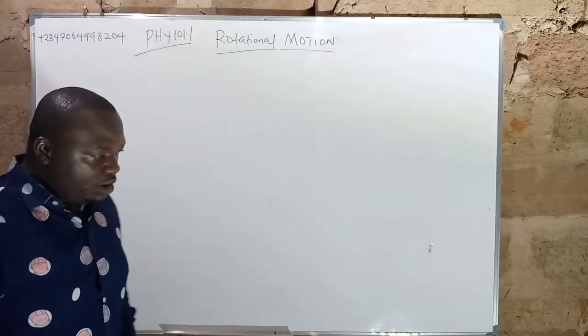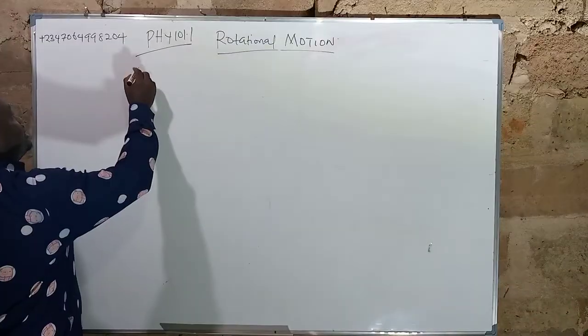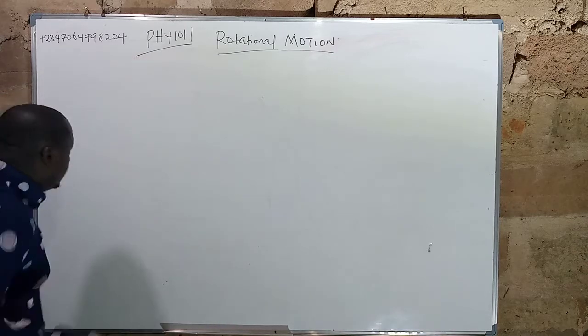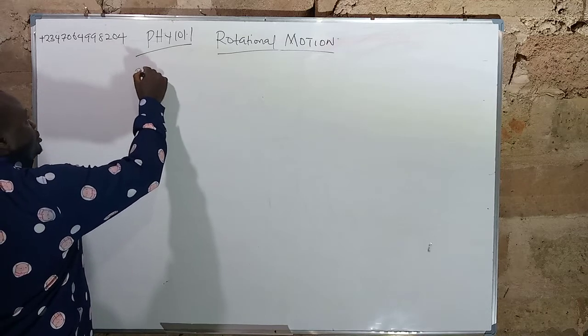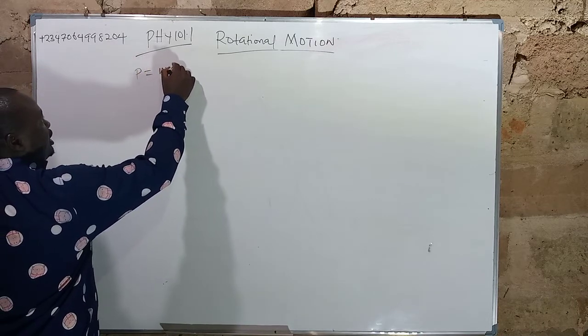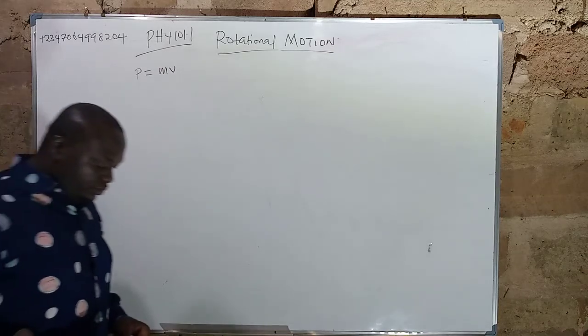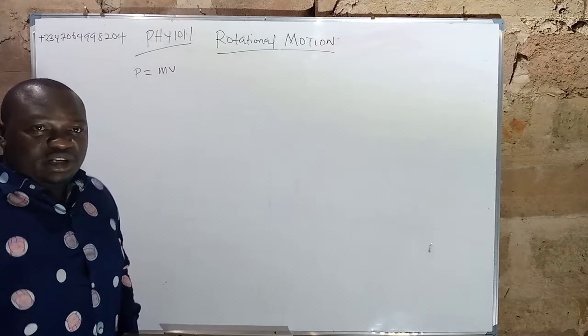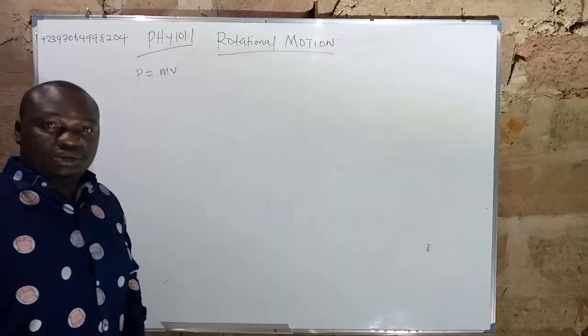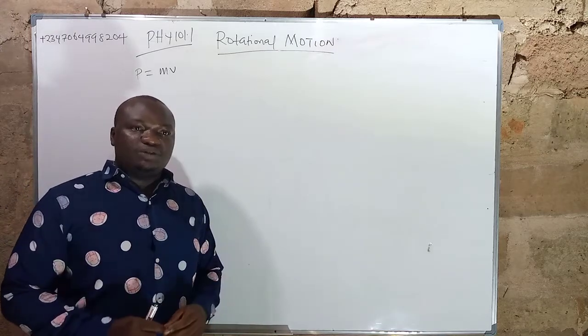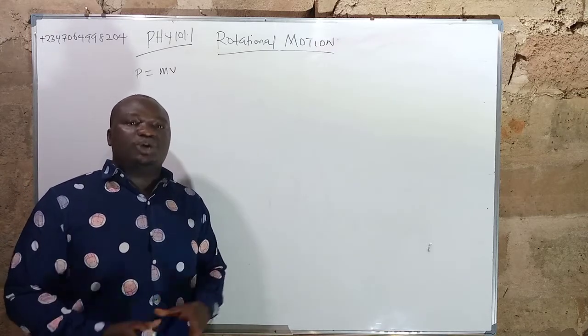Remember, for rotational motion, let me start from linear. From linear motion, remember that momentum is mass times velocity. But now we are in rotational motion, and I will be changing or interchanging a lot of things at the beginning of this course.